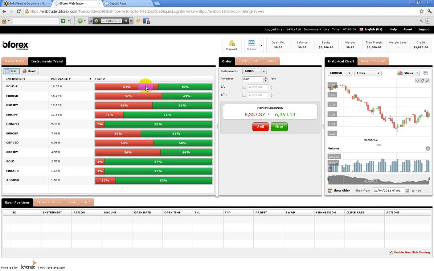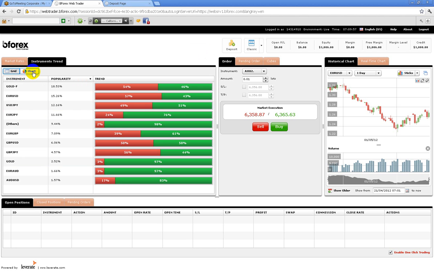Next to it, you will also have the trend, which is 40% of buying and 54% of selling on the gold. So we see that the gold is getting a bit weaker. So whenever we see that any instrument is getting weaker, we need to sell the position. Now here you have, this is basically the grid.